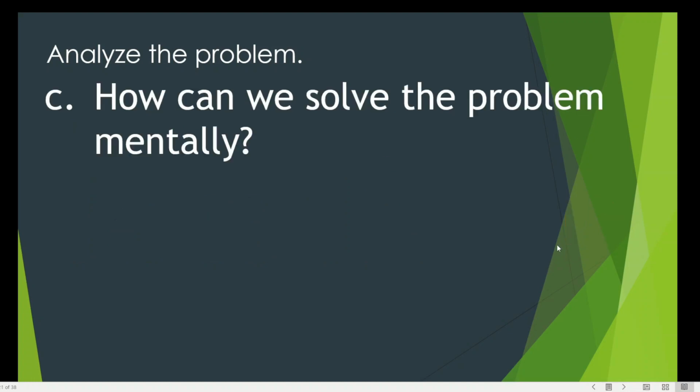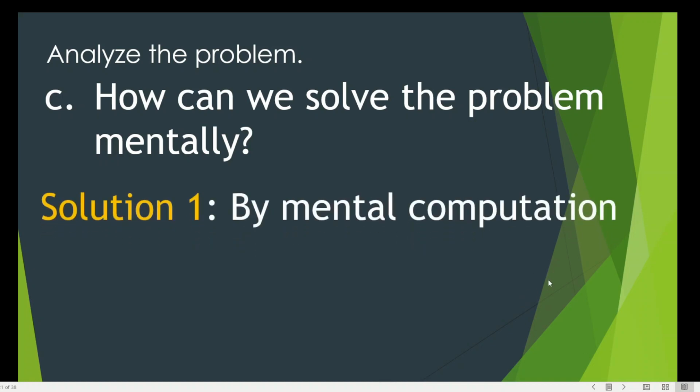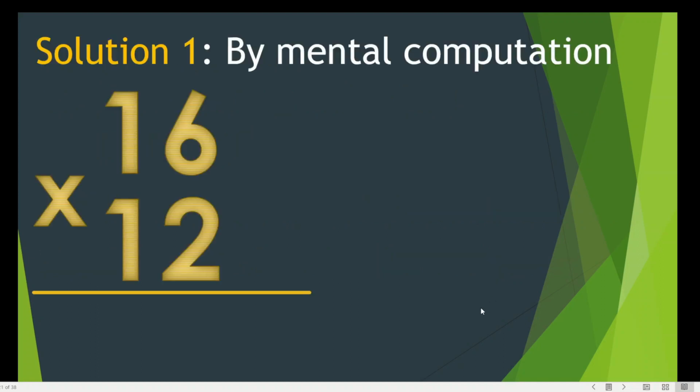And for letter C, how can we solve the problem mentally? In solution 1, it is by mental computation. Later on, I'm going to show you how to solve the problem mentally by using mental computation. And for solution 2, we have what we call the distributive property. So let's begin with mental computation.